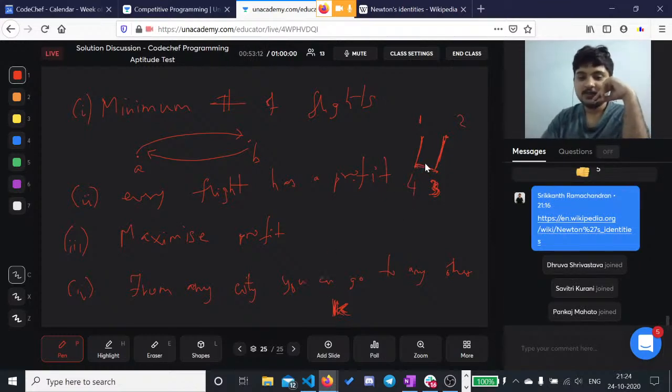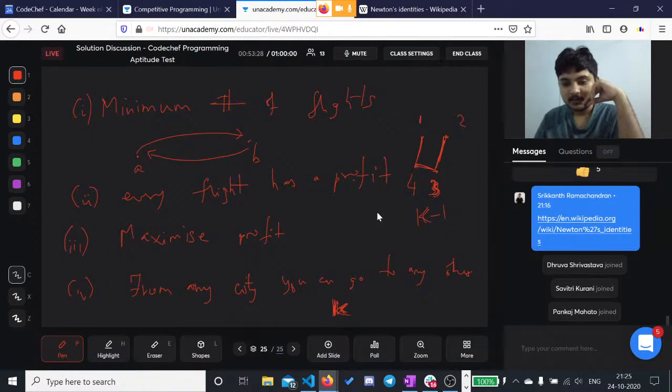Right. Okay. So the minimum number of flights that you need for k cities is k minus 1, right? Because from a city there should be at least one flight, and you can prove this by induction.